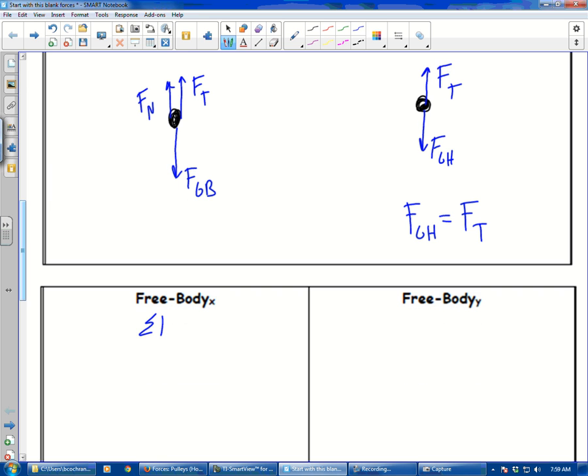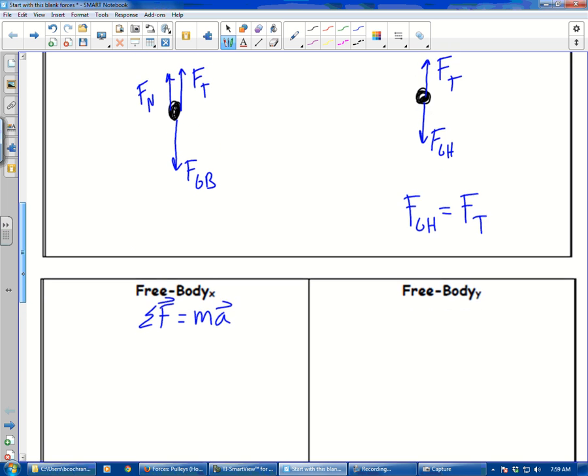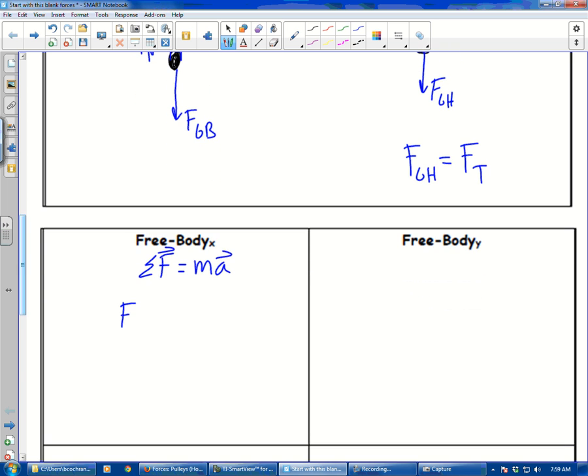And here, we have force normal plus the tension minus the weight equals m times 0.